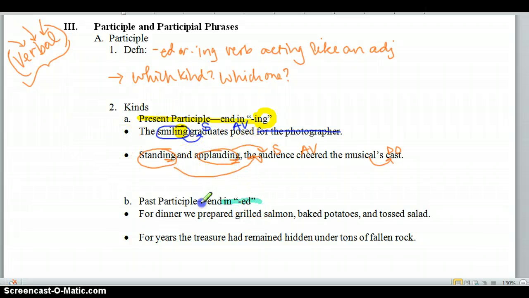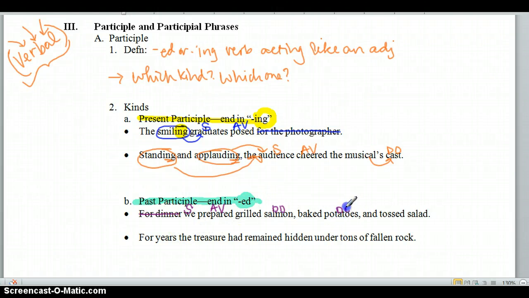All of this is true when we talk about past participles, which end in ed. For dinner, we prepared grilled salmon, baked potatoes, and tossed salad. For dinner, prep phrase. Prepared is my action verb. Who or what prepared? We did. What did we prepare?